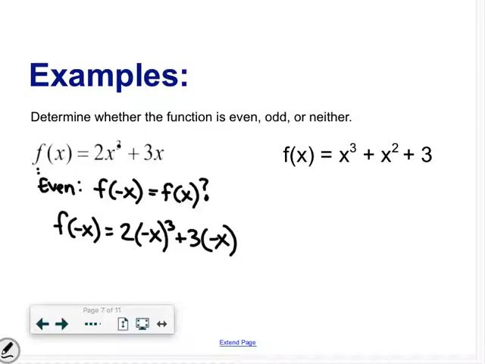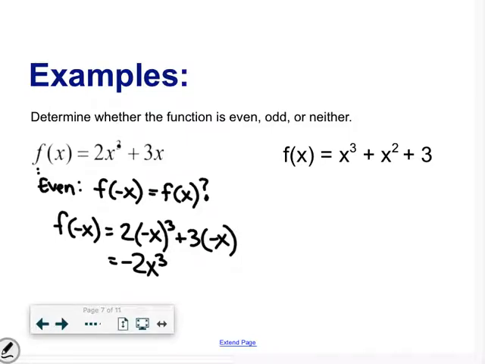Okay. You've got to simplify this algebra. So think about when you take a negative and you raise it to an odd power, it comes out negative. So whatever negative x times itself 3 times is going to be negative x cubed. So negative x cubed times 2 is going to be negative 2x cubed.